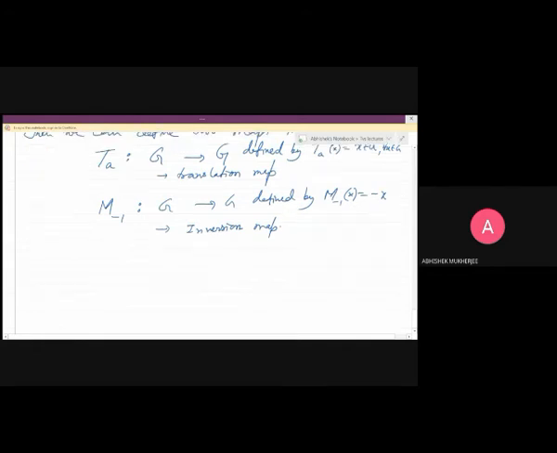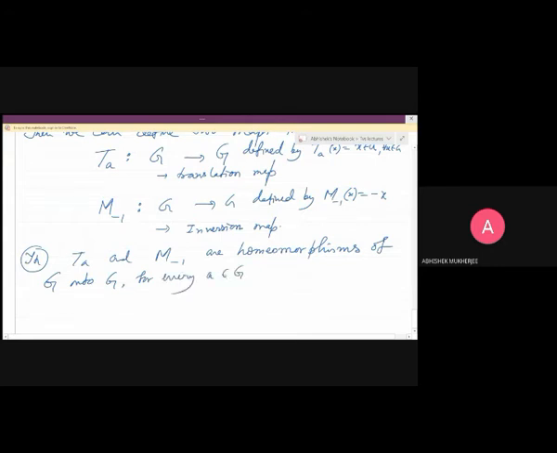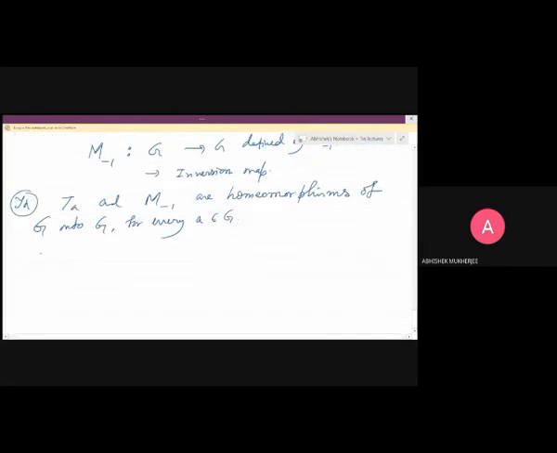And the theorem is that these TA and M minus 1 are homeomorphisms of G onto G for every A belongs to G. Okay. So why is it so? What will be the proof?